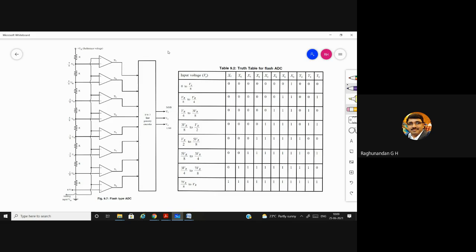Here, this portion whatever we are having now is known as the resistive divider network. You can observe here that the reference voltage is given, and at each individual level we have equal resistor values.